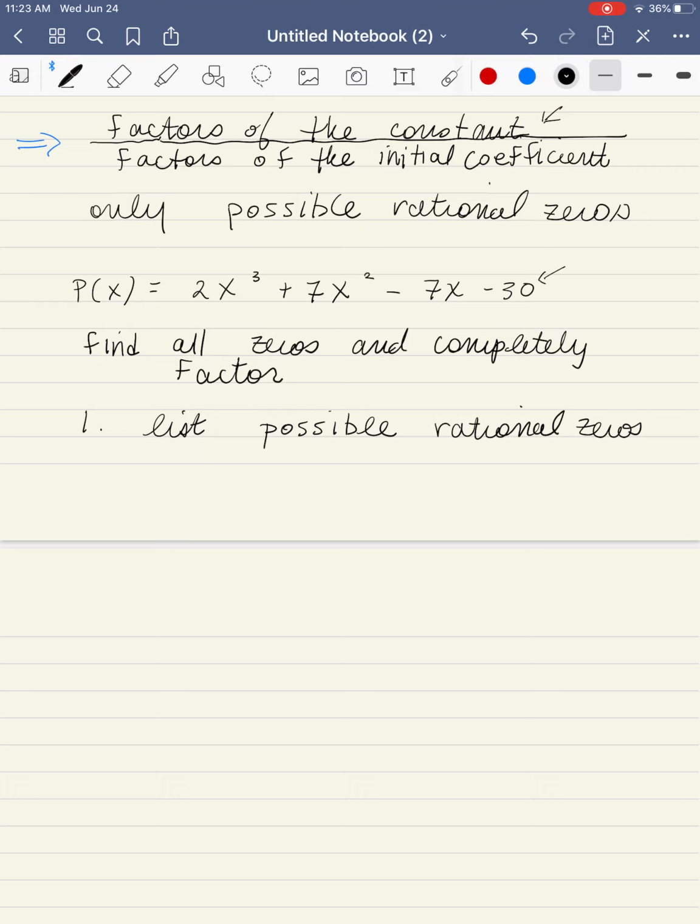And to do that, I'm going to list the factors of the constant. In this case, my constant is negative 30. So I think about what are all the different things that could multiply to give me 30. I could multiply 1 and 30. I could multiply 2 and 15. I could multiply 3 and 10.